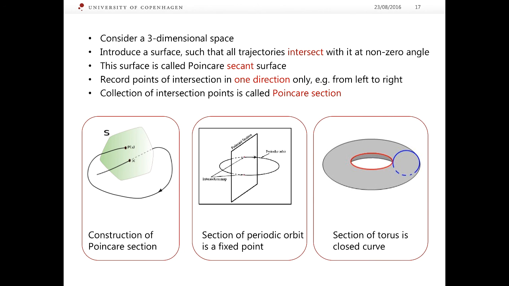Now for the two-dimensional torus, the Poincare section is going to be a closed curve. We can see that introduction of the Poincare section allows us to simplify the situation and to decrease the dimension of the problem by 1. Basically, the limit cycle becomes a point, and the invariant torus becomes a one-dimensional curve.